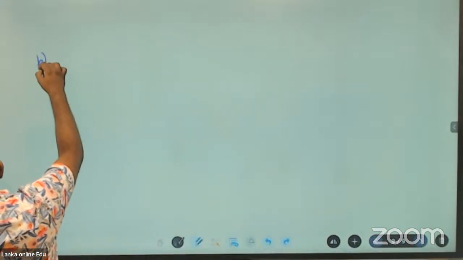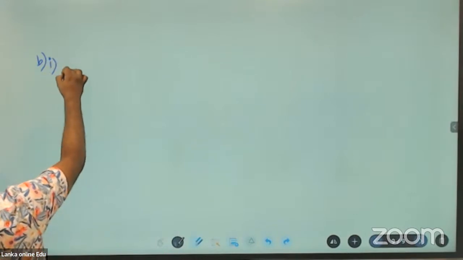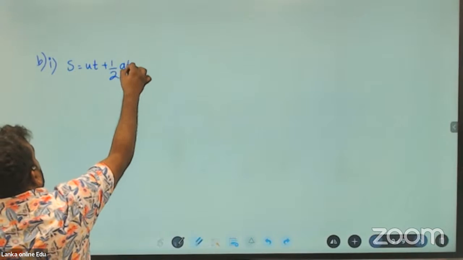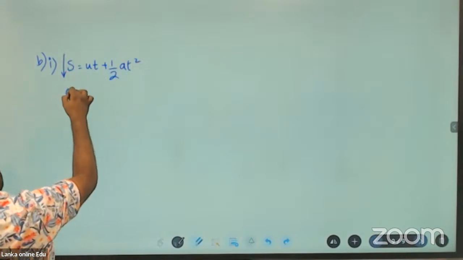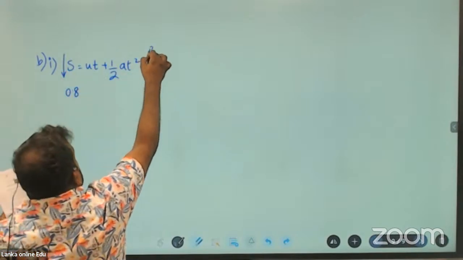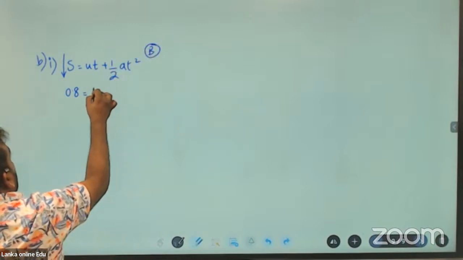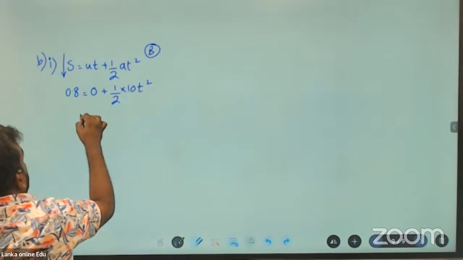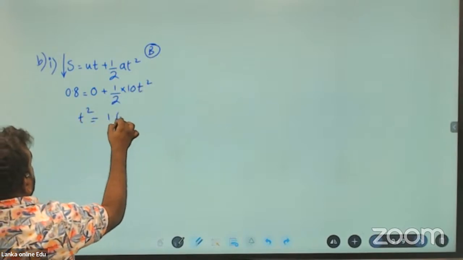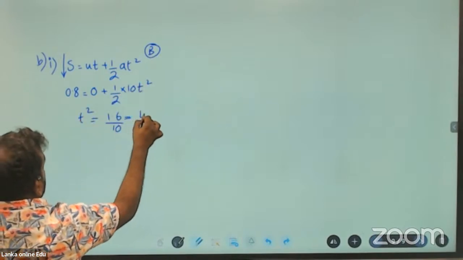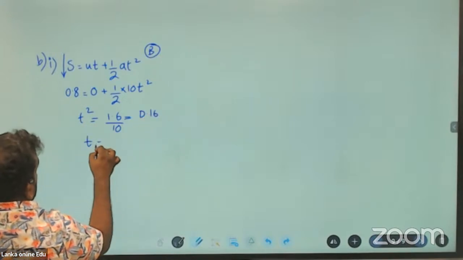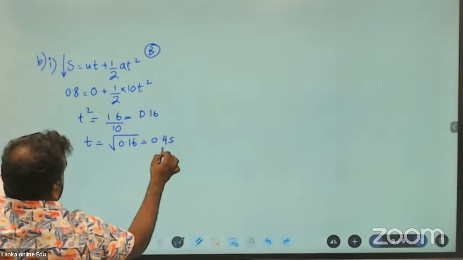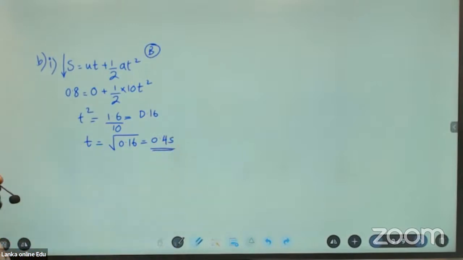Part B, Roman 1. s equals ut plus half a t squared vertically downwards. 0.8 for B, no initial vertical velocity: 0.8 equals half times 10 times t squared. t squared is 1.6 divided by 10, that's 0.16. Time is the square root of 0.16, that's 0.4 seconds.